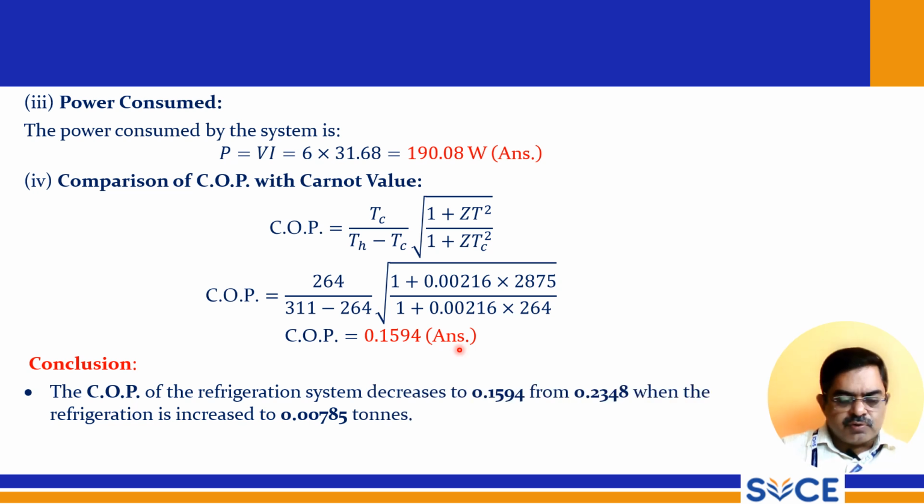So to conclude, the COP of the refrigeration system decreases to 0.1594 from 0.2348 when the refrigeration is increased to 0.00785 tonnage. So when we increase the refrigeration, the COP is coming down. That is what we are observing here, and there ends this topic.